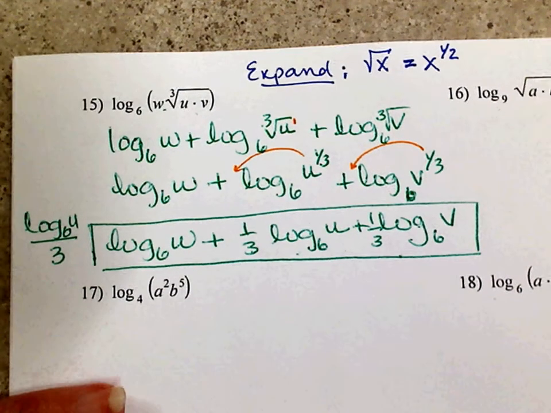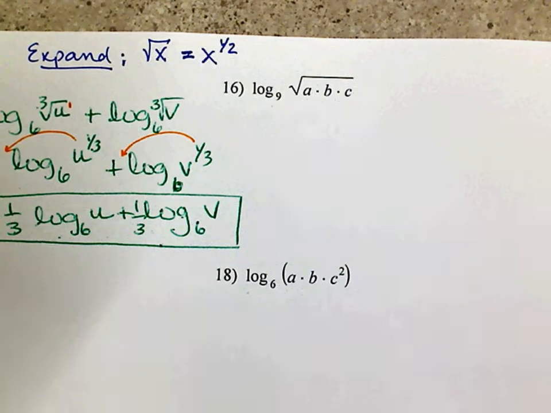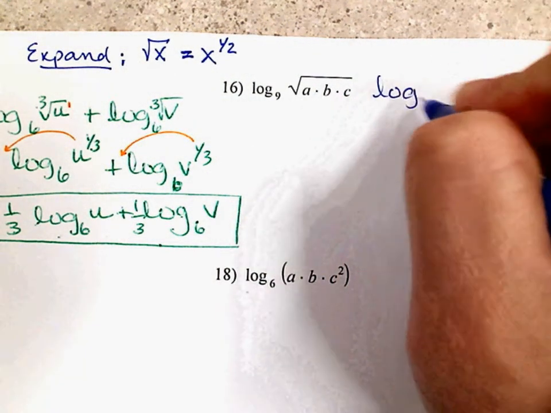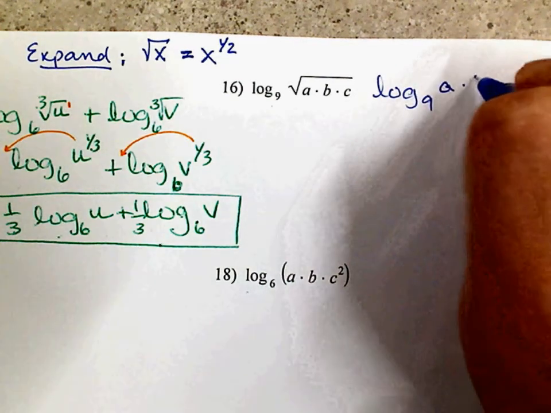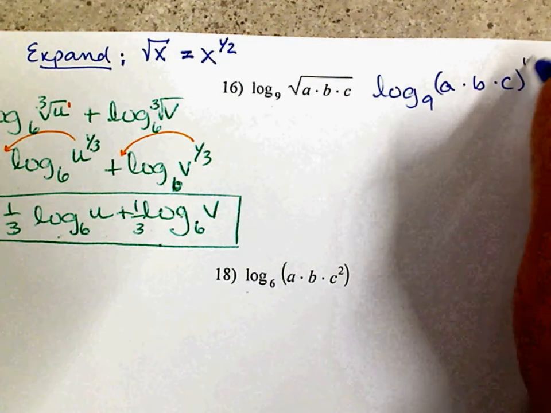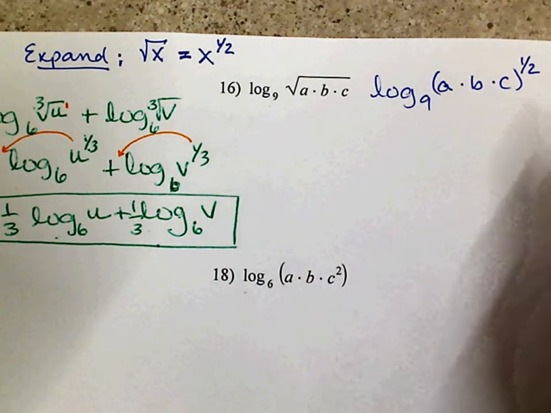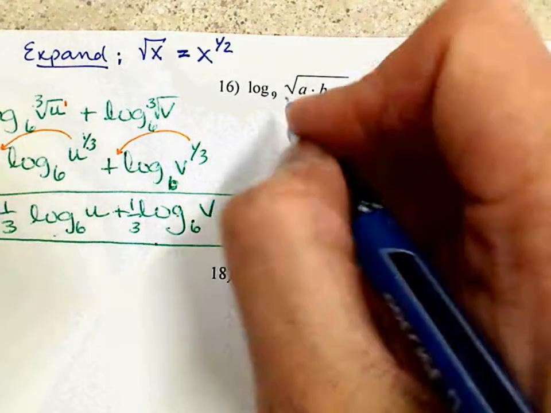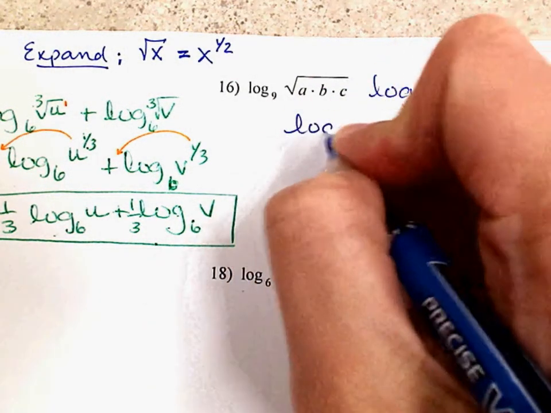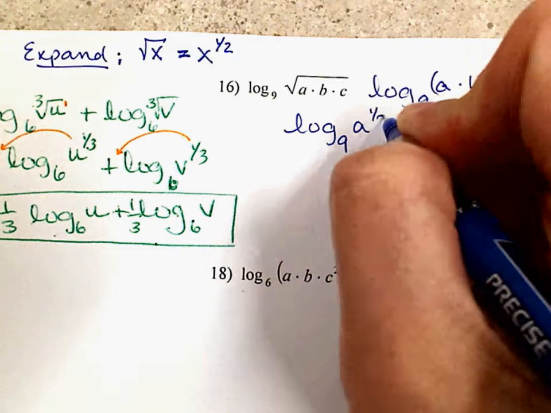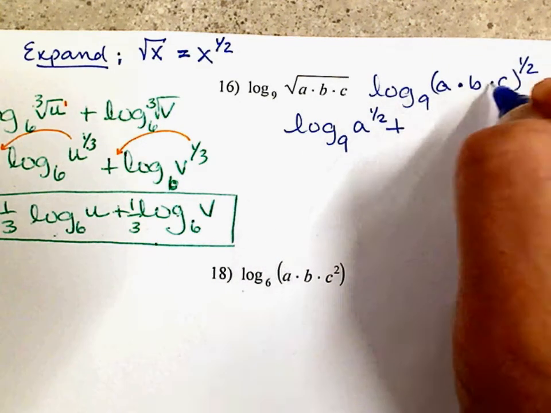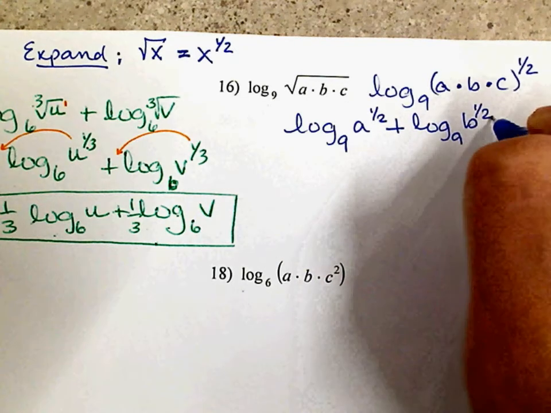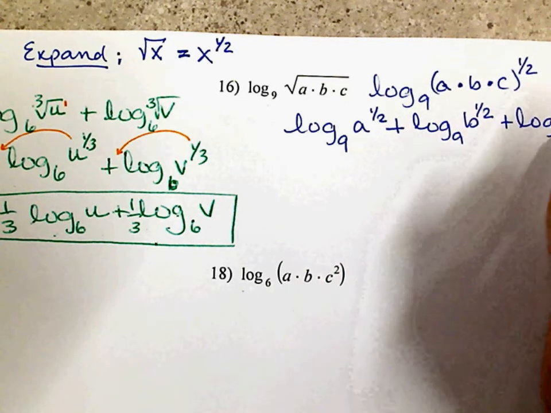All right, number 16. Okay? I'm going to rewrite this before I start. So log base 9 of a times b times c to the 1/2. You see that? That's the same thing, okay? Alrighty, so I can move it to the front, but I am expanding. So log base 9 of a to the 1/2 plus, see that's multiplication, log base 9 of b to the 1/2 plus log base 9 of c to the 1/2.